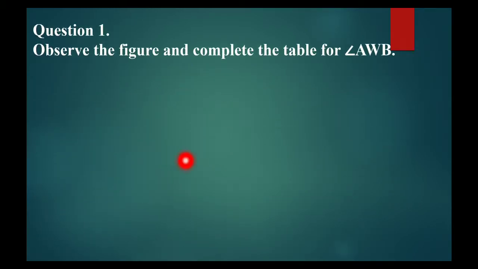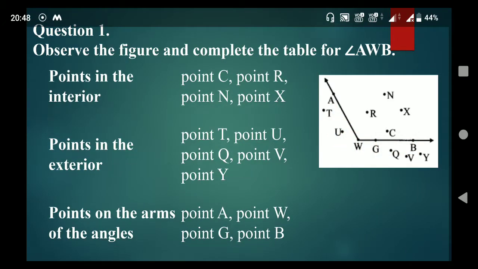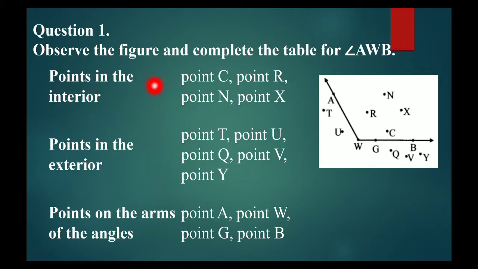So let's begin with practice set 15, children. Observe the figure and complete the table for angle AWB. So we have to complete that. What are the points in the interior?